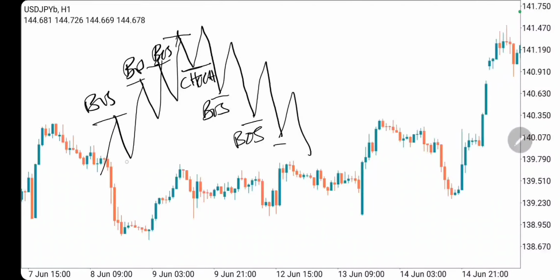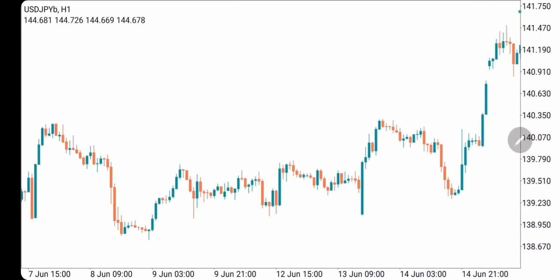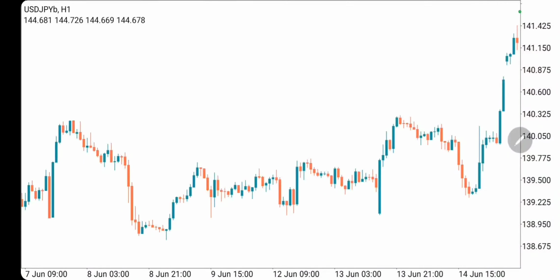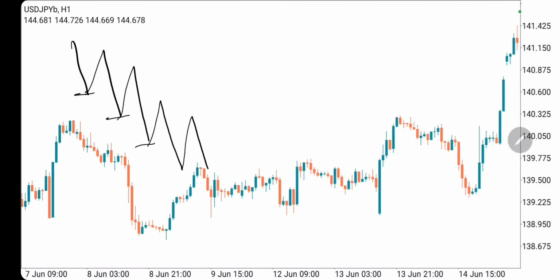So you are in a bullish phase and all of a sudden the market breaks structure, and that break of structure that causes a reversal in trend is called your change of character. This is your bearish change of character. For a bearish phase, the market is making lower lows and lower highs.